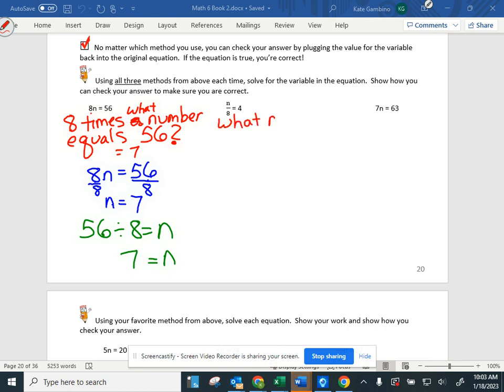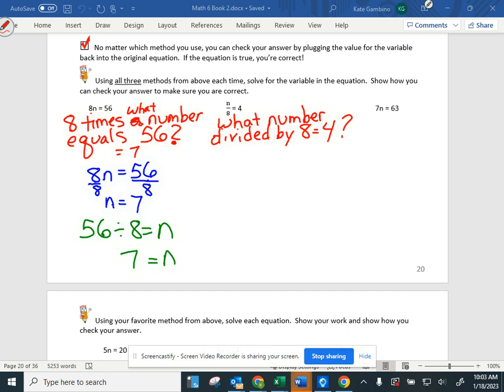Careful. What number divided by 8? And what number divided by 8 would equal 4? Gigi?